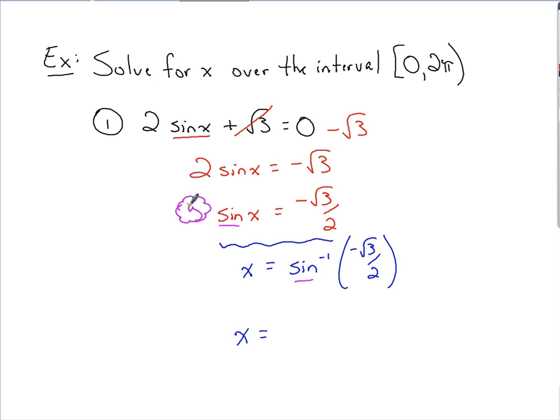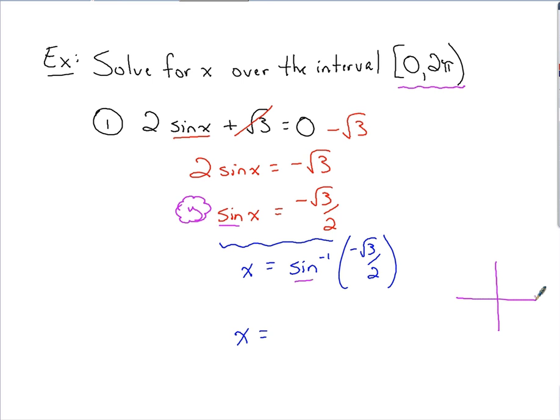So if I am familiar with my unit circle, I'm basically traveling around the unit circle looking for y values that are negative square root of 3 over 2. As I come across those values, whatever radian is associated with that, that's my solution for x. And since my interval up here is restricted from 0 to 2 pi, I'm just making one trip around the circle.